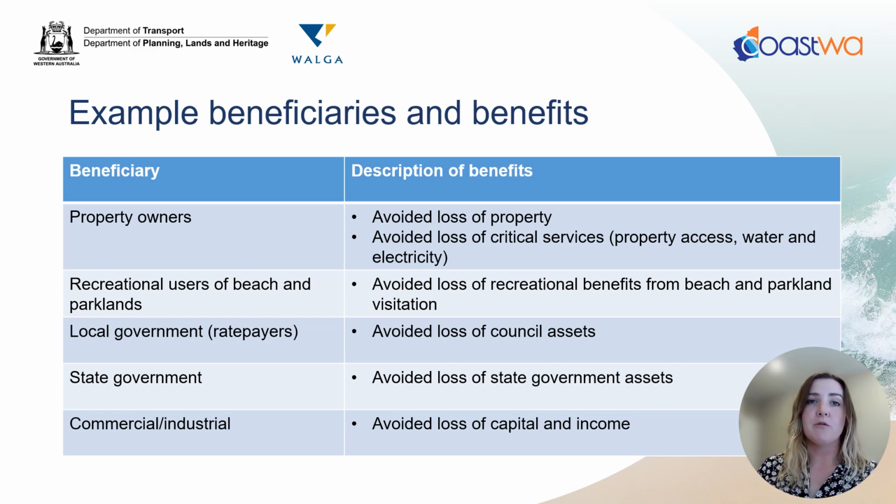And the benefits to them are avoided loss of recreational benefits from using the beach and parkland. There's also local government ratepayers from avoided loss of council assets, state government if there are state government assets affected, so avoided loss of state government assets, and again commercial and industrial from avoided loss of capital and income as a result of coastal hazards.